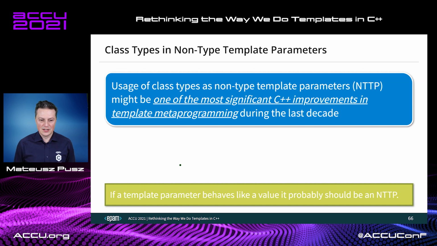Basically, my recommendation is if a template parameter behaves like a value, not like a type, it probably should be a non-template parameter. Try it and maybe provide some feedback on how it works for you, because it worked great for me.